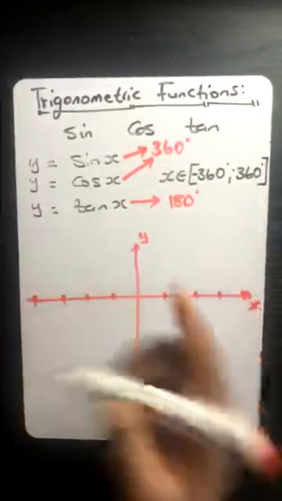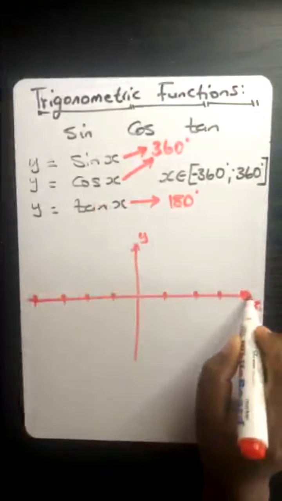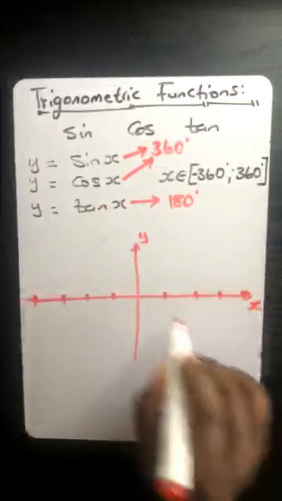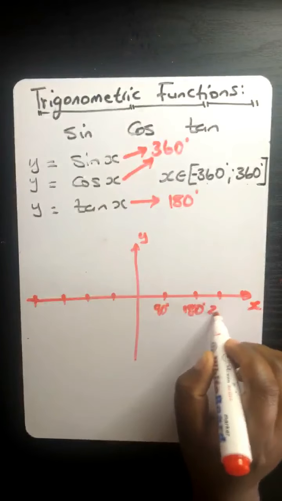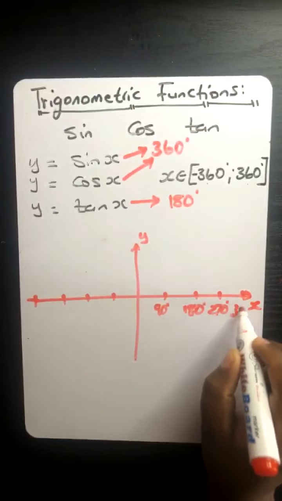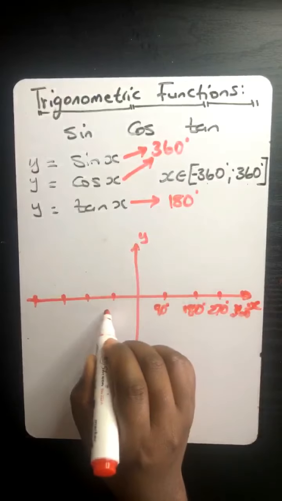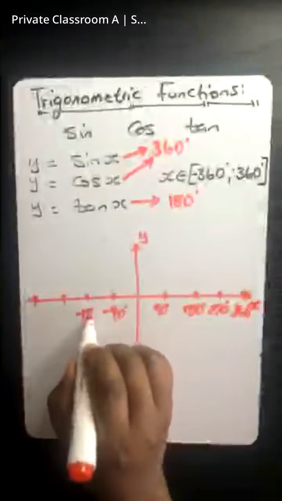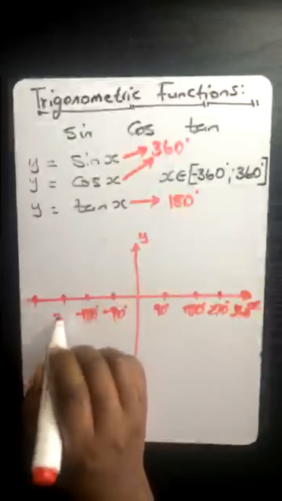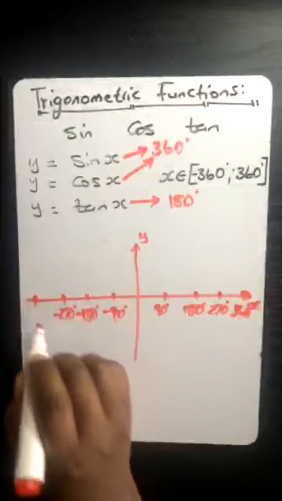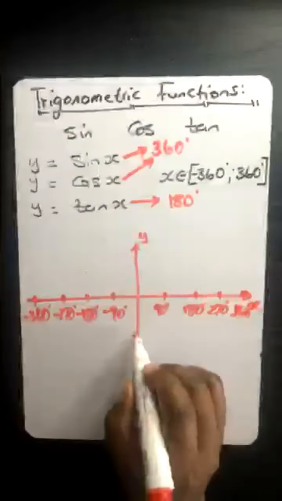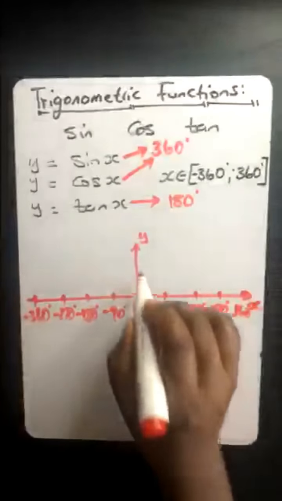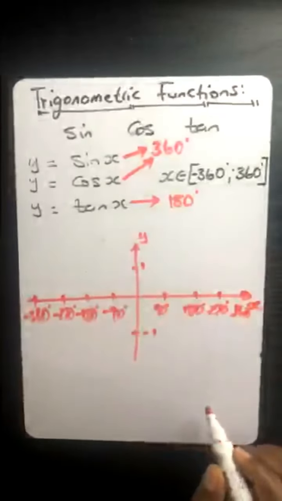But on a Cartesian plane, when we draw the functions, we represent them along the x-axis. Then here we can have negative 1, and there positive 1.